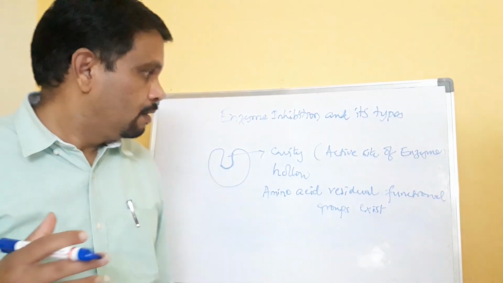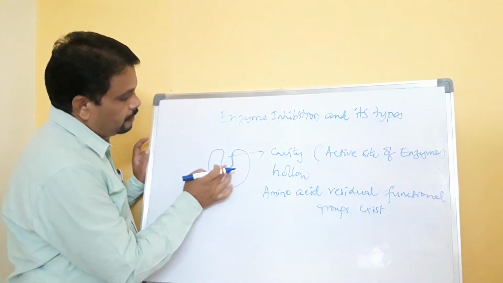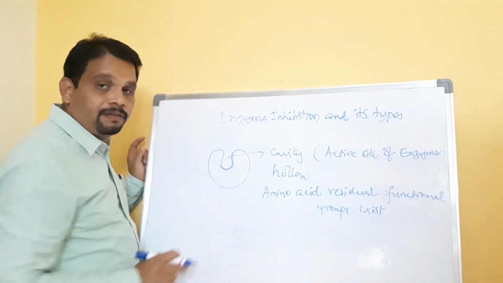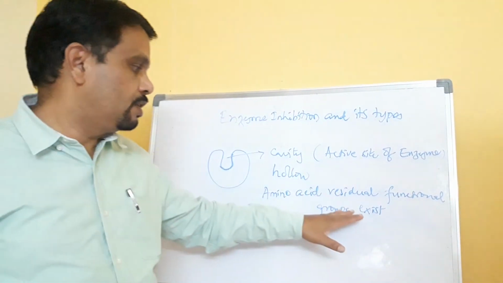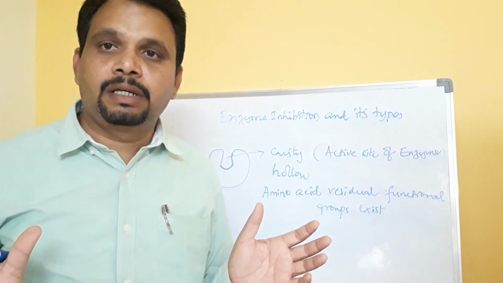All these are functional groups which can exist in the active site of an enzyme. So these amino acid residues or functional groups interact with the substrate.